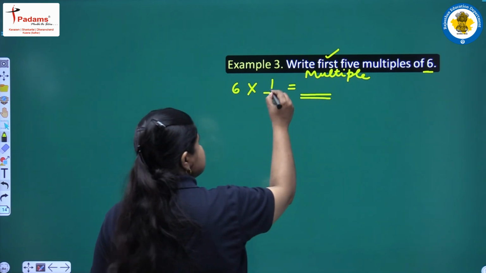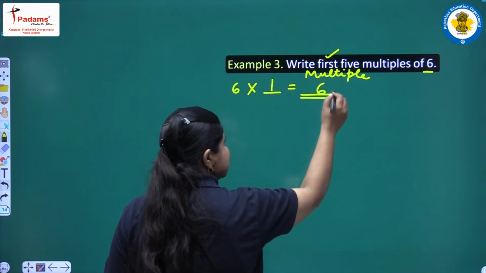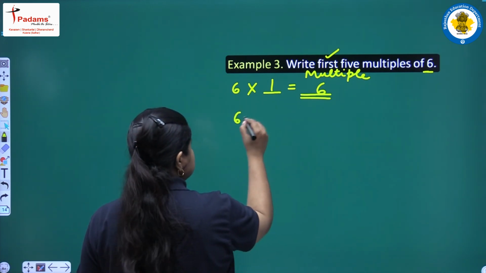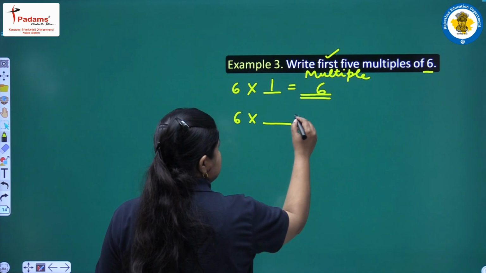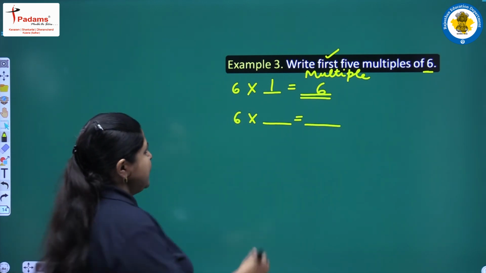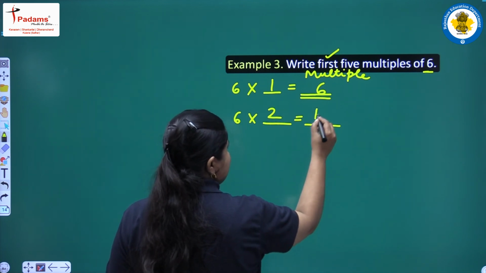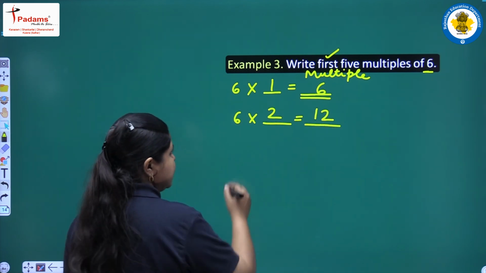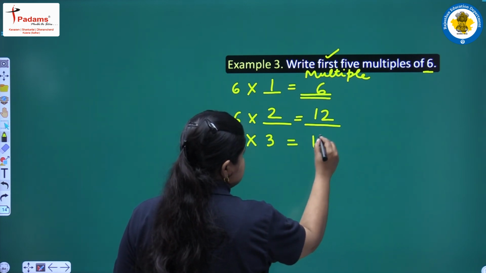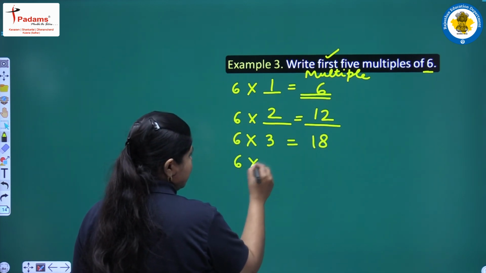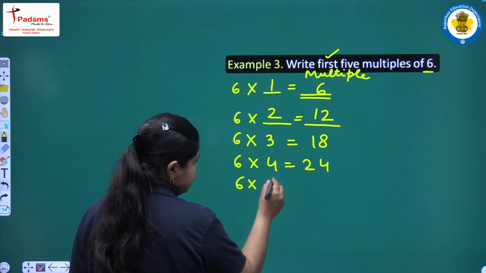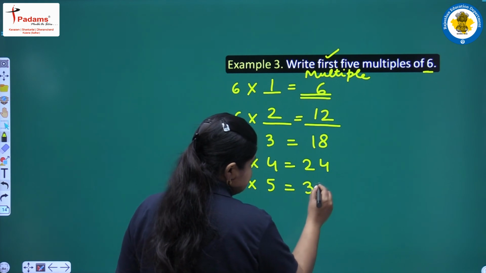So, 6 1s are 6, and this is the first multiple of 6. Then again we need to multiply 6 by any other number to get the second multiple. And what will it be? 6 2s are 12. This is the second multiple. Similarly, we can write 6 3s are 18, 6 4s are 24 and 6 5s are 30.